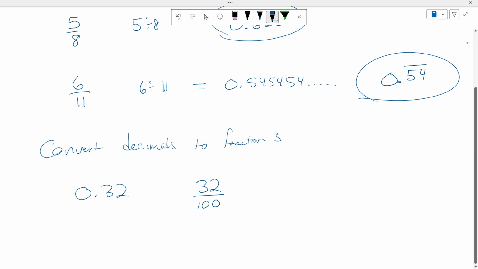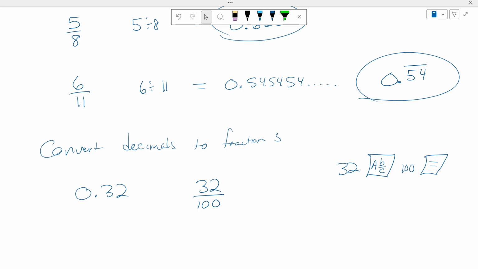Okay, now we're going to reduce the fraction. Now the calculator will reduce the fraction. If you write 32 and then push your A, B over C button, and then 100, and then push the equals button, it'll reduce that for you. So everybody do that on your calculator.